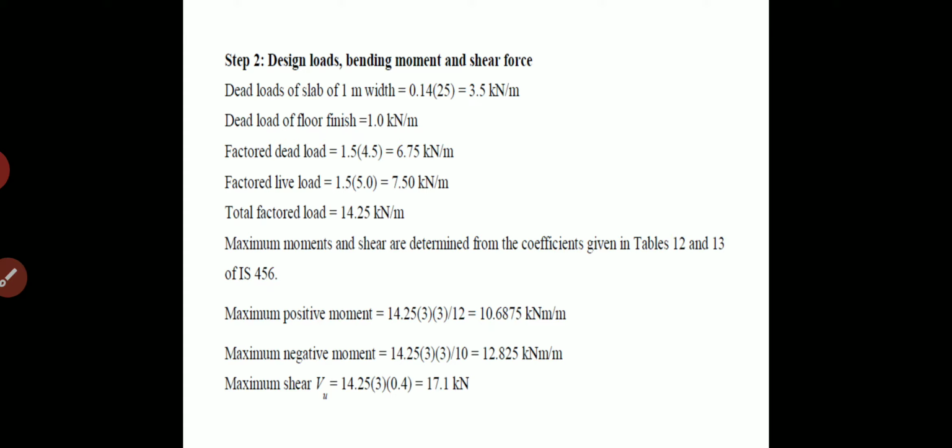Maximum negative moment: WL square by 10. So here W is 14.25 into 3 squared divided by 10. So maximum negative moment equals 12.825 kilonewton meter.